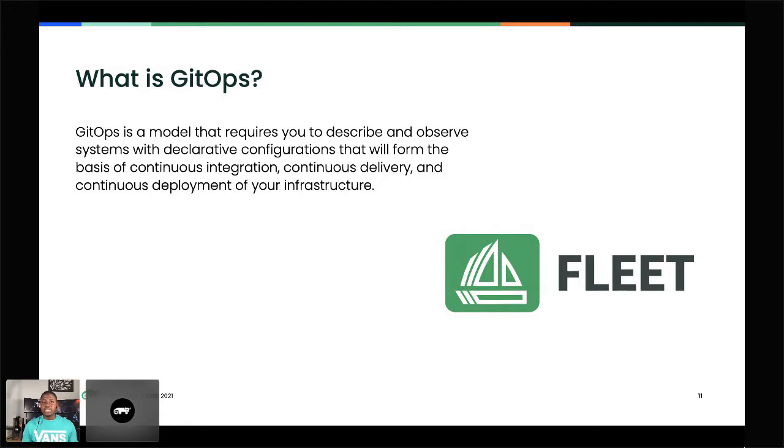And so all of the declarations or definitions that you'd have for your Kubernetes resources, whether it's pure manifest files, if I could call them that, or Helm charts, those would essentially be stored in a Git repository, and that's where the Git comes in. And you would make use of what is known as a GitOps tool like Fleet, which is highlighted over there in that particular image. And that GitOps tool would essentially be observing both the repository as well as the downstream Kubernetes cluster.